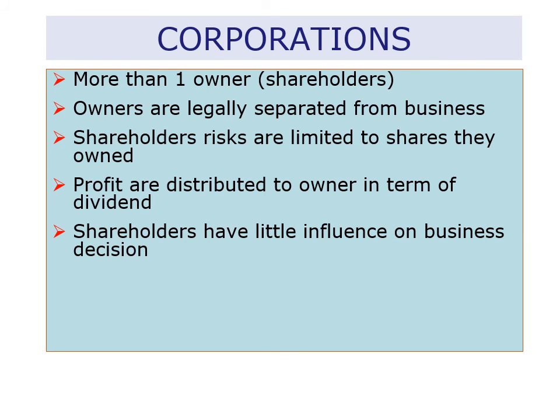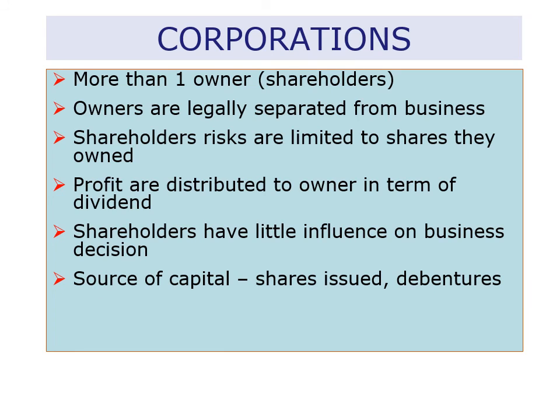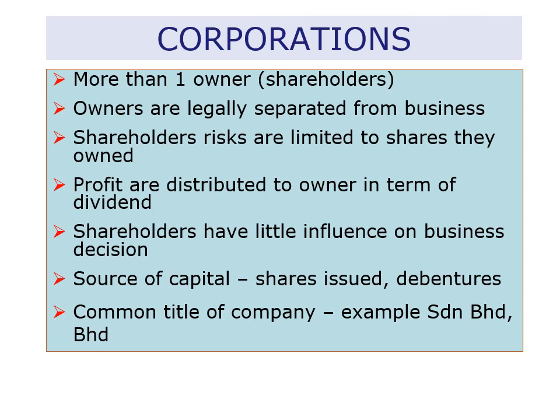The shareholders actually have little influence on business decisions unless you are the major shareholders. And the share capital, shares issued, or you can issue debentures once you establish the company. And the common title of the company usually has the words Sendirian Berhad and Berhad.